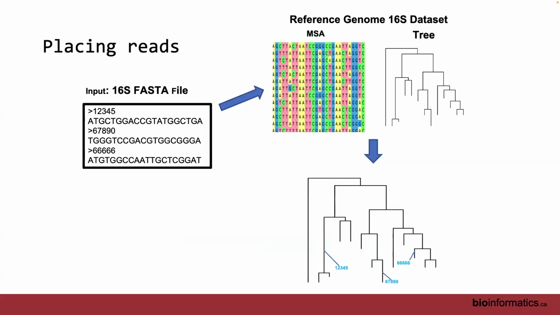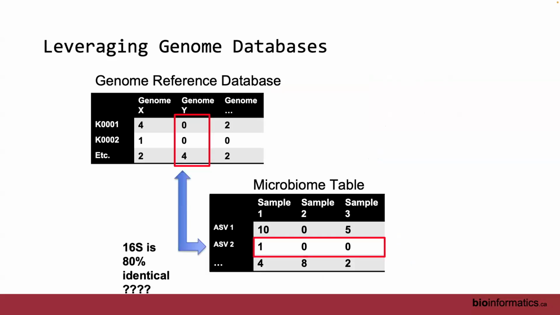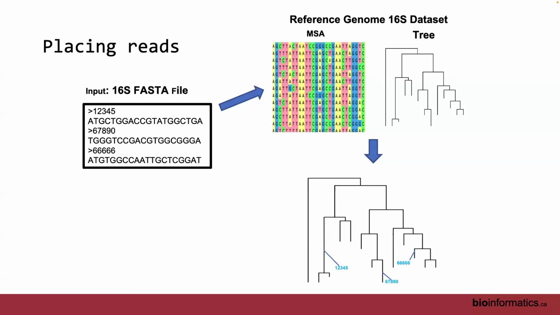And so basically PICRUSt attempts to use this information to then predict a table. At a high level, the major steps are that it places your ASVs, your representative sequences, into a pre-existing multiple sequence alignment and phylogenetic tree that we've made ahead of time and is included with the package.